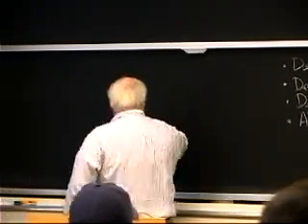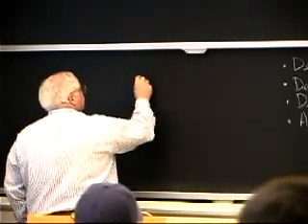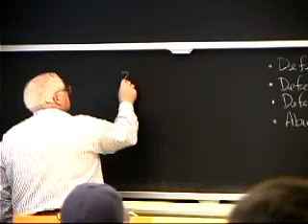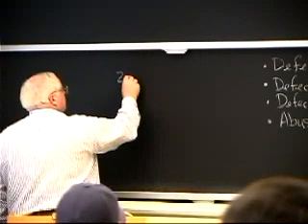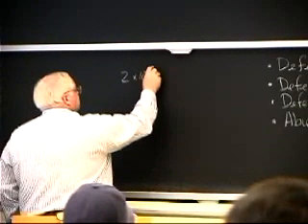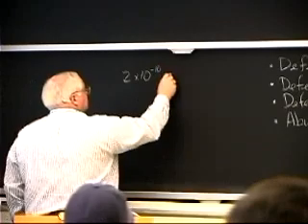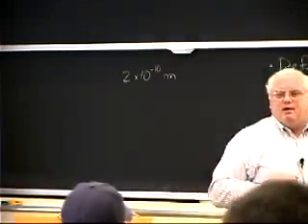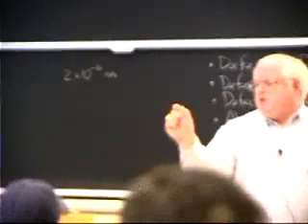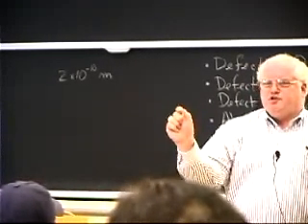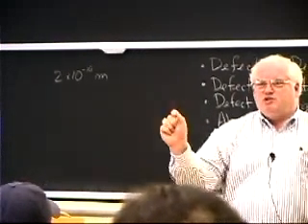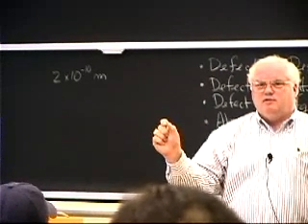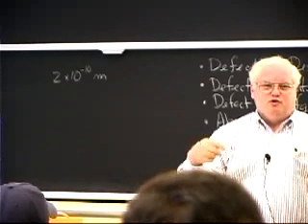You know that the distance between atoms is about, let's say, 2 times 10 to the minus 10 meters, right? That's 2 angstroms. So that's the distance between atoms. And another thing you're supposed to know is that the vibration frequency of atoms is about 10 to the 13th. You knew that, right?